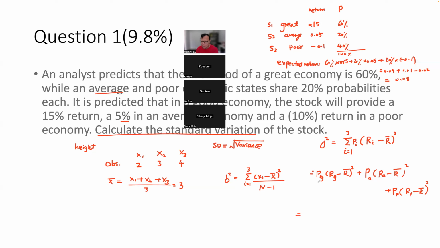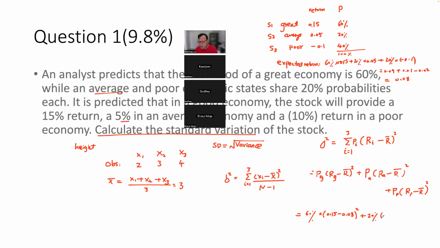So the probability for the great, good economy is 60% times, when economy is good, the return would be 0.15 minus expected return 0.08 square, plus when the economic state is average, the probability is 20%.